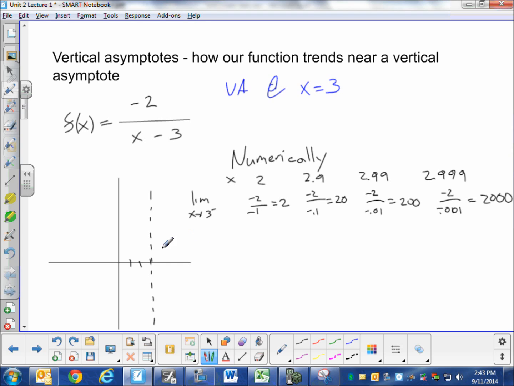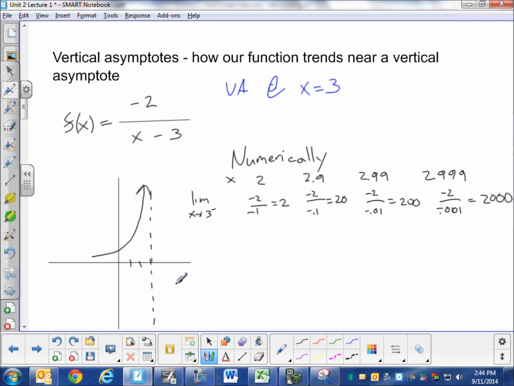So this is saying that as I'm approaching 3 from the left, my function is growing. And what it's also saying is that if I have a constant value in the numerator, negative 2, and I divide that constant value by an ever decreasing or smaller value, something getting closer and closer to 0, my result is a bigger and bigger value.